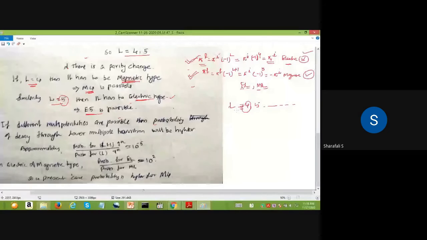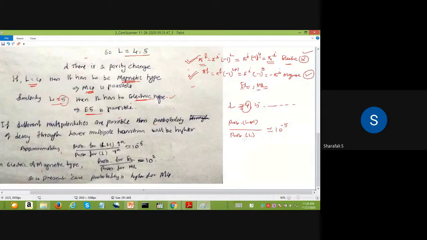now if you consider that case, in general we can say that the probability with L plus 1 order, that is for the angular momentum of that photon, if you divide that probability by the probability of the transition with angular momentum L, it will be approximately equal to 10 raised to minus 5.